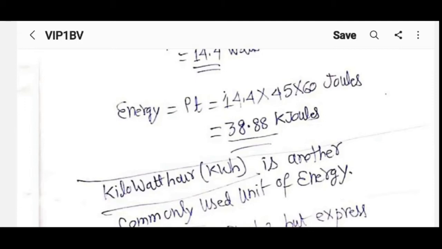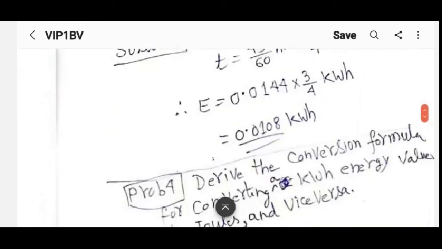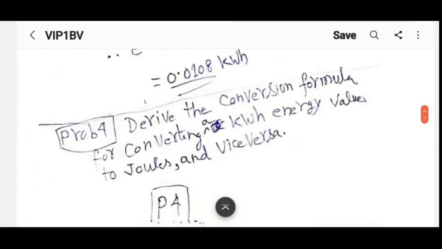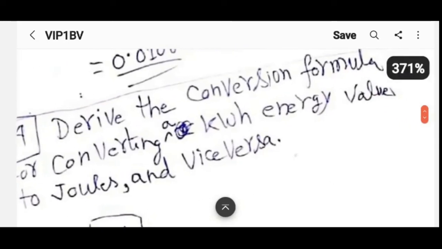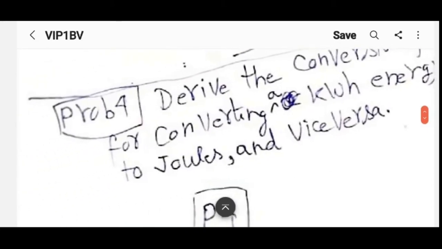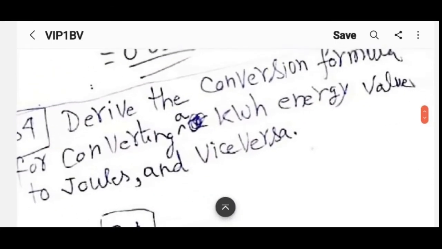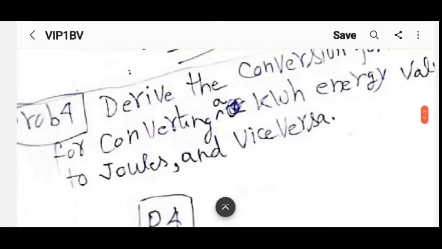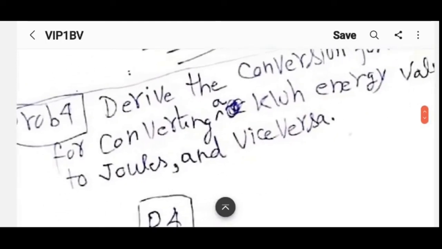Obviously, there is a relation between these two units, and that is the next problem here. Derive the conversion formula for converting a kilowatt hour energy value to joules and vice versa.